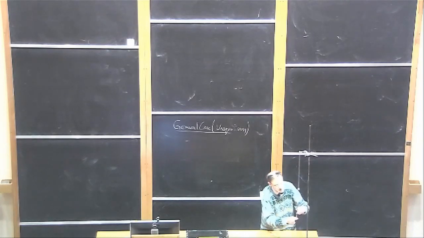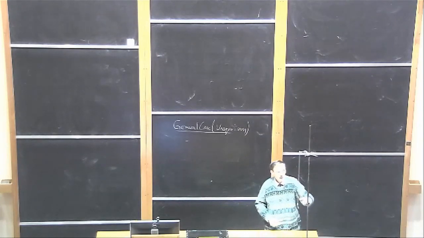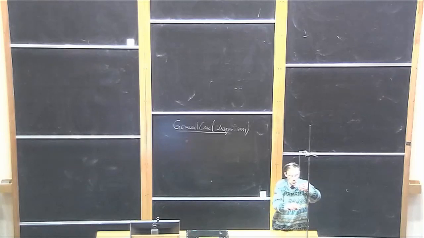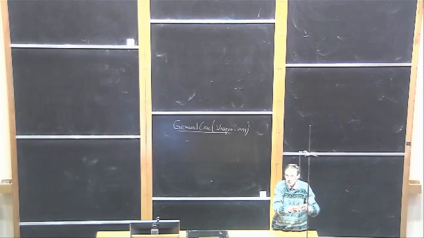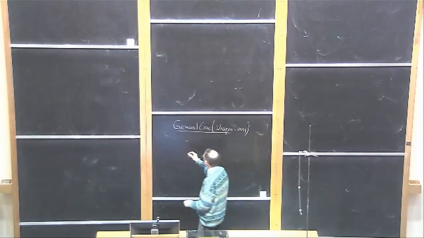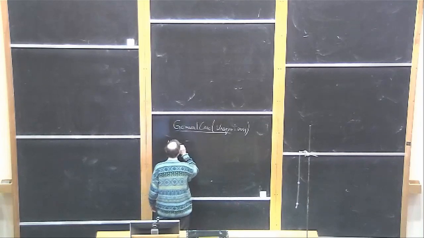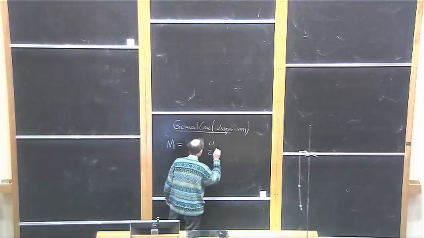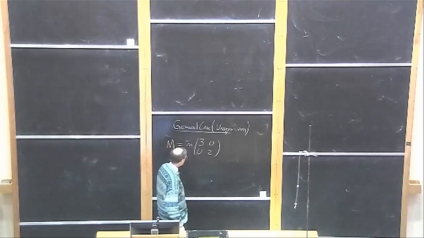So it's that system. These masses are both 50-gram masses, but I'm going to model a system where this mass is 3/2 times the bottom mass. So the mass matrix is going to be m times 3, 0, 0, 2. So the masses are 3m and 2m at the bottom.